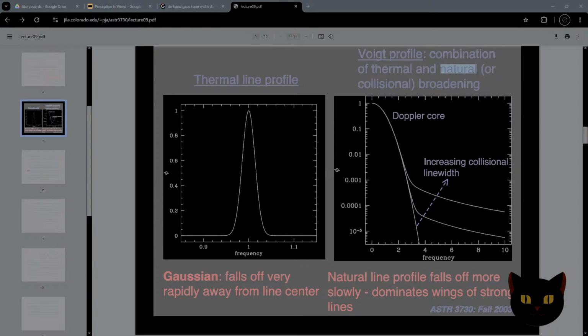So very slowly, the atoms in your material will slow down, because you're only hitting the ones that are coming towards you. So they'll very slowly all start going in the same direction.